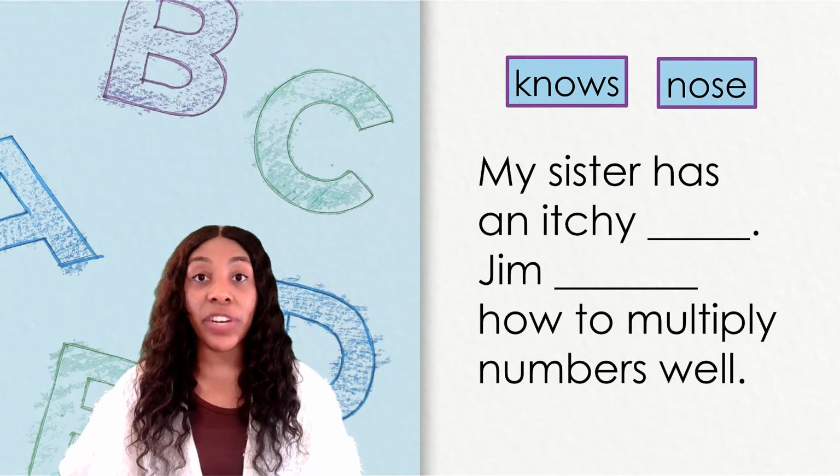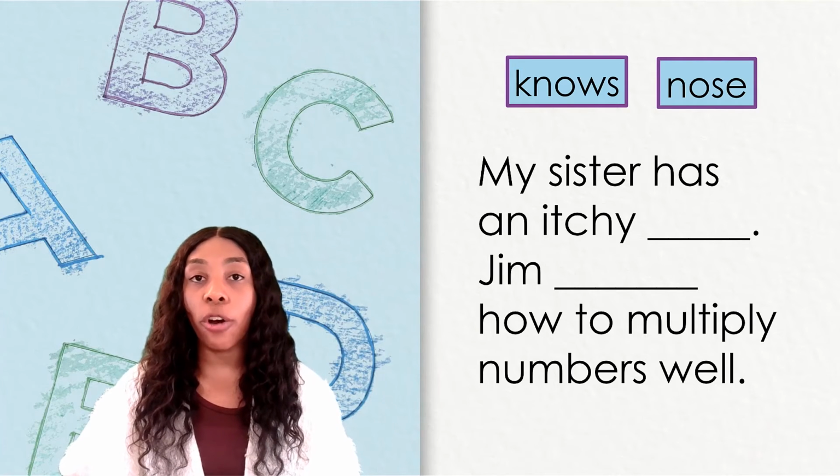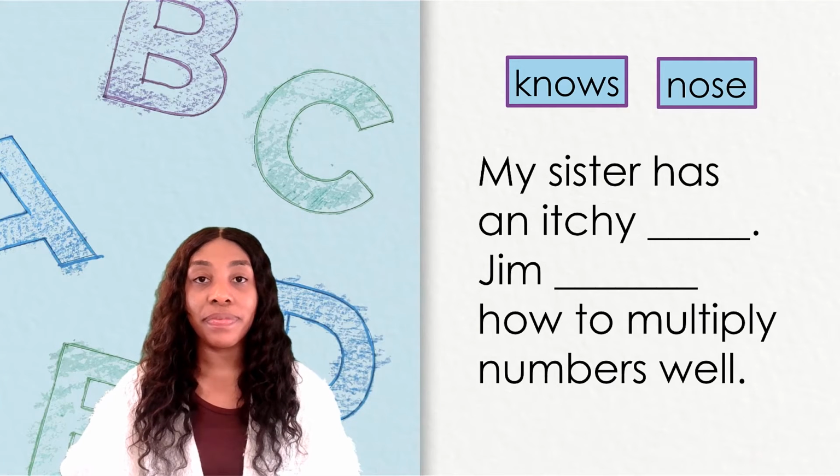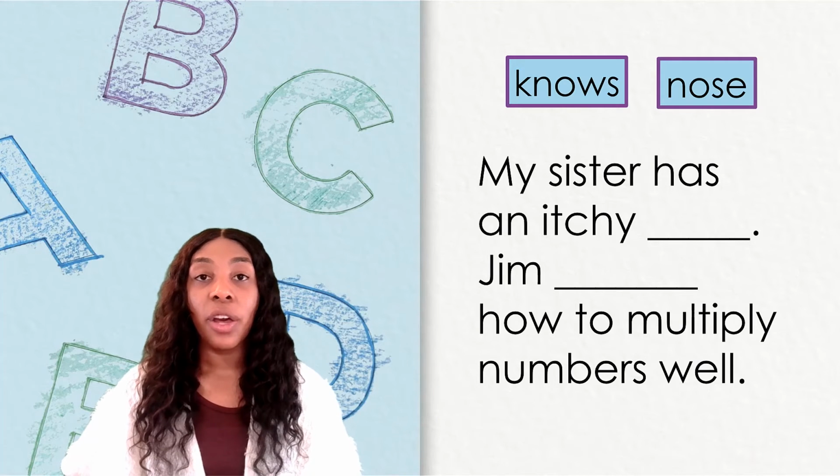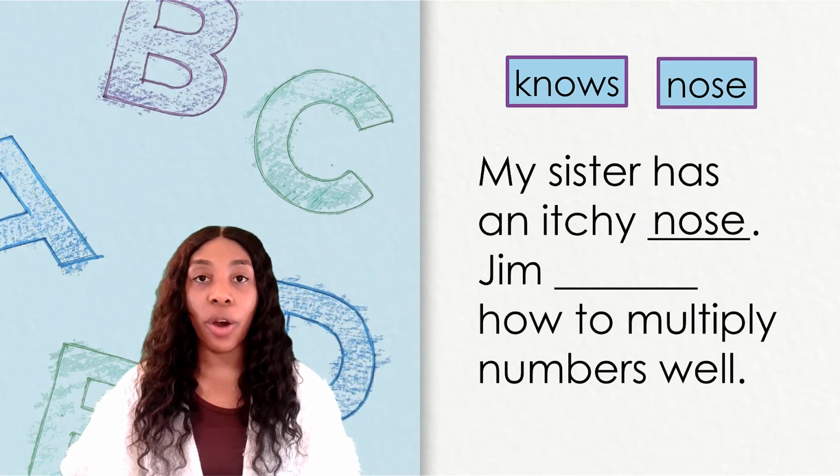Let's take a look at the first blank. The first blank seems to need the word for a body part on our face. Which nose fits best there? If we are talking about a body part on our face, we know it should be spelled N-O-S-E, nose.